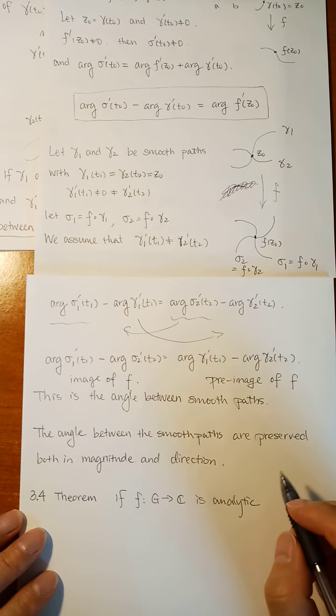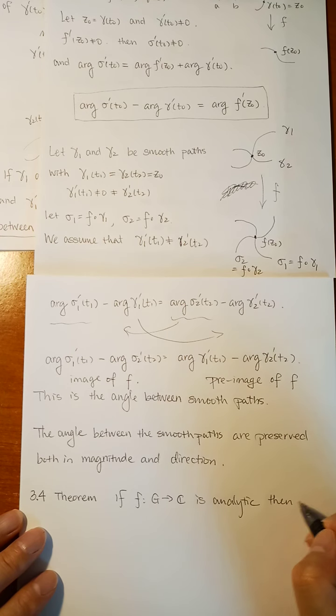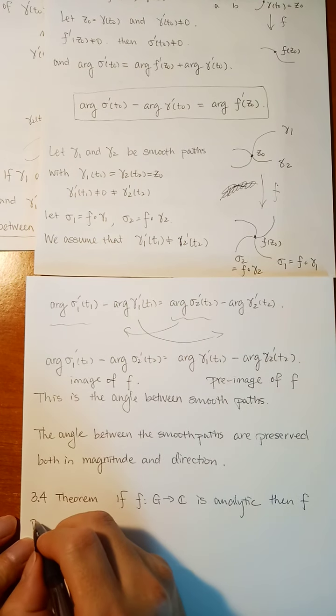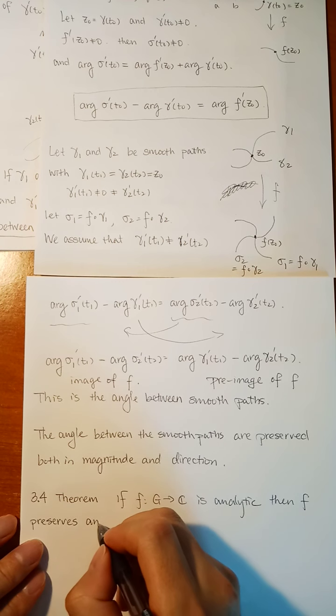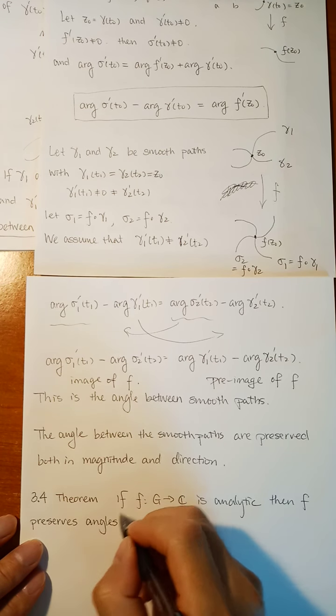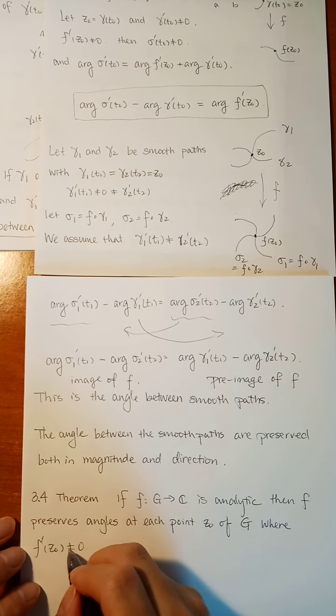So far we need analyticity. Then f preserves angles at each point z0 of G where f prime of z0 is not equal to 0.